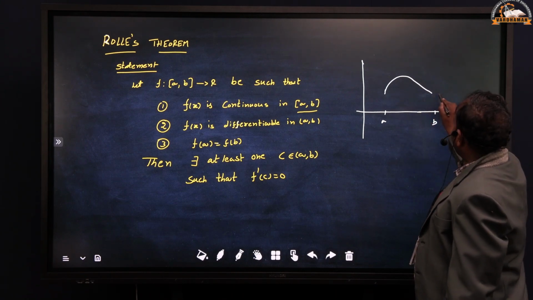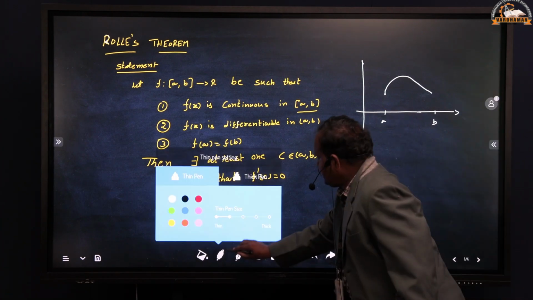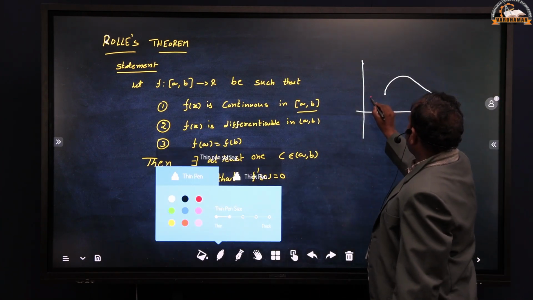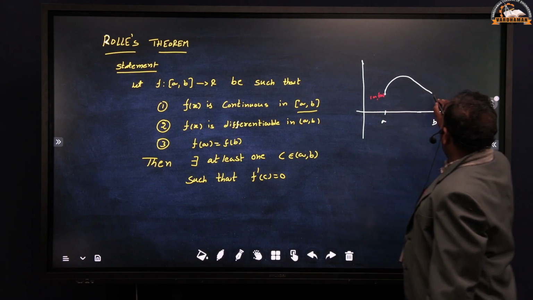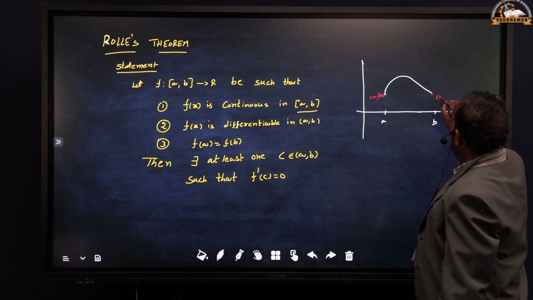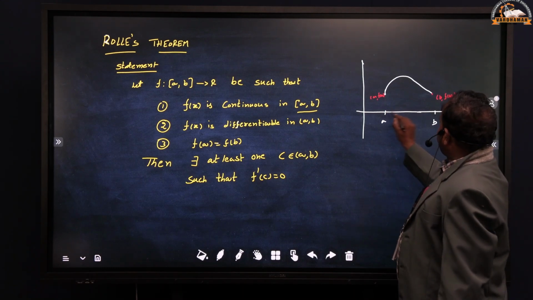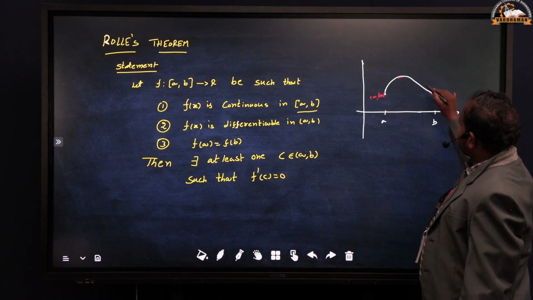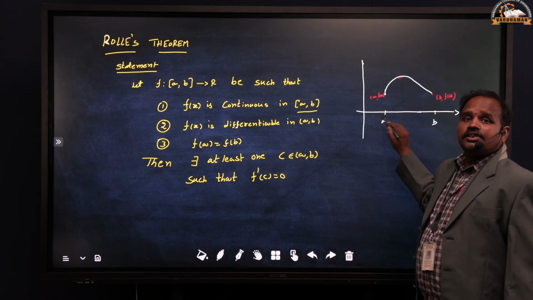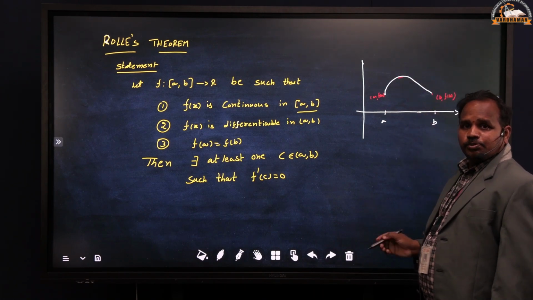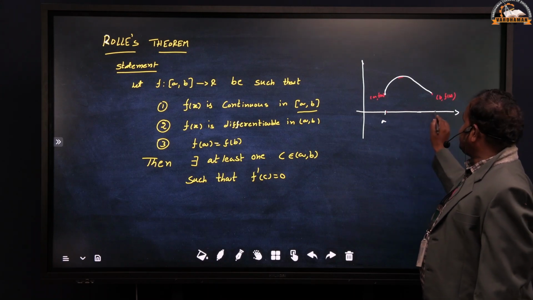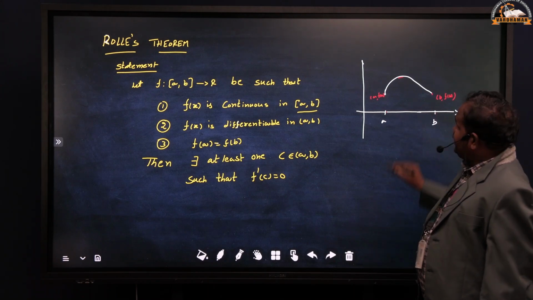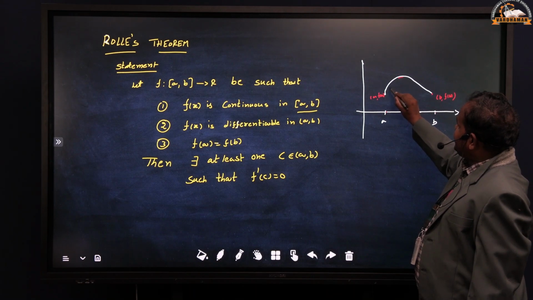This point is (a, f(a)) and this point is (b, f(b)). In between these two points the function exists, meaning the values of the function exist in the interval, and the derivative exists at each and every point.